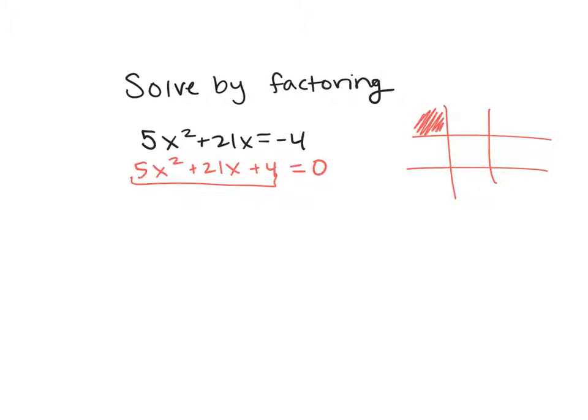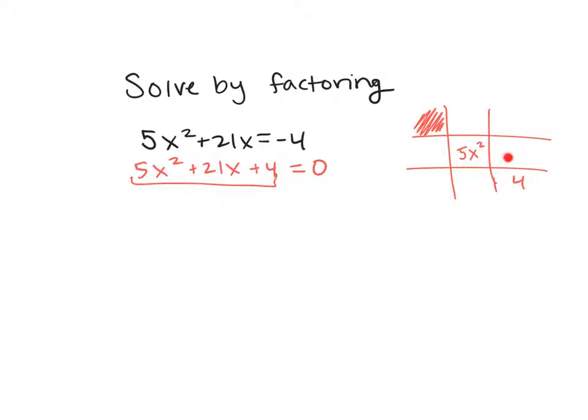When we do that, we want to always put the A term here and the C term here. We're trying to figure out what options we have as far as values that can go here and here to multiply to give us 5x squared, and then 2 numbers that go here and here to multiply to give us 4.